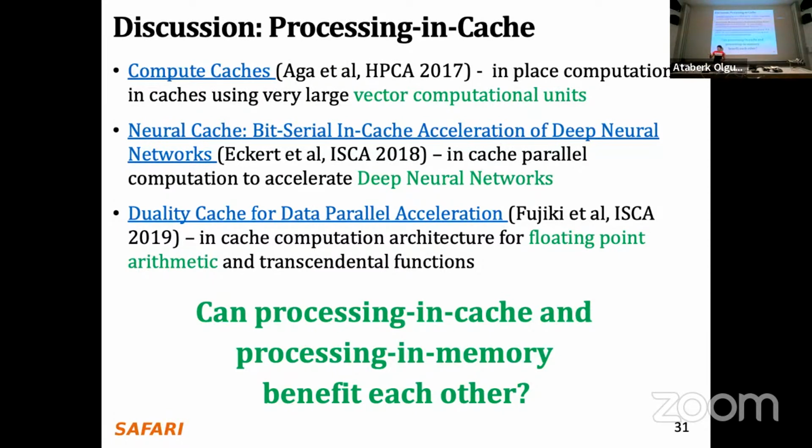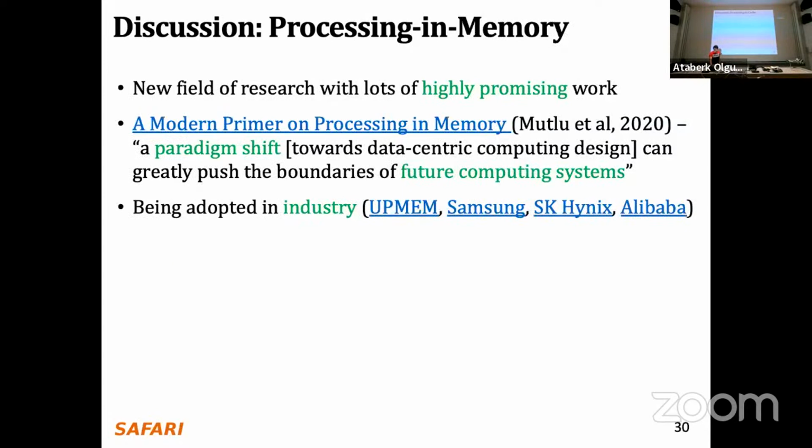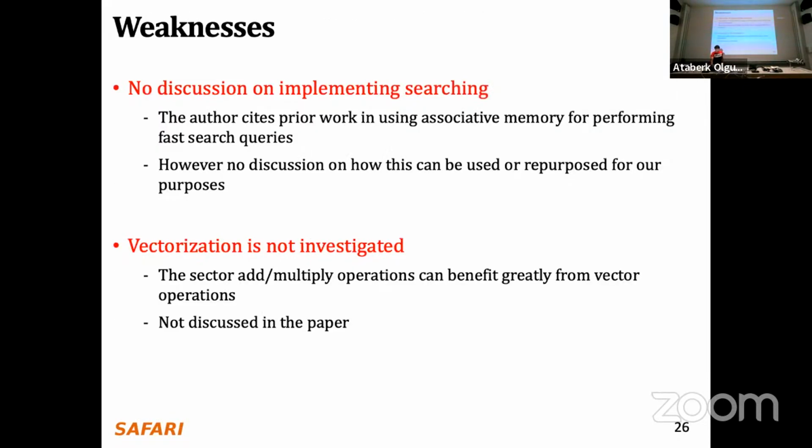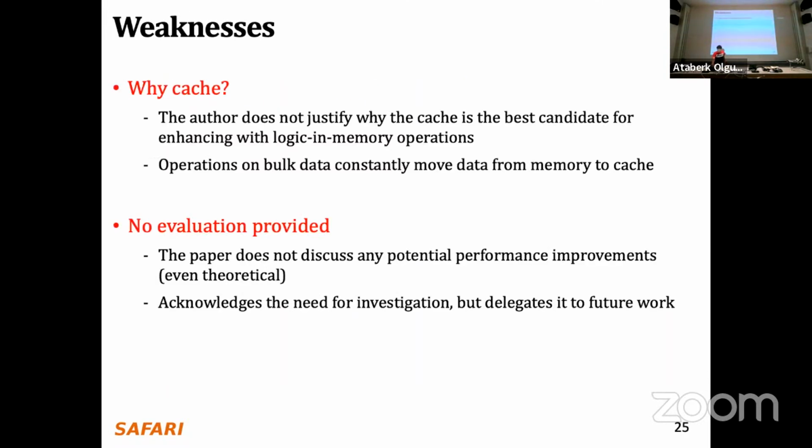Again, going back to our weaknesses, there's no evaluation, so we don't really know whether this works. Is it really worth increasing the complexity of cache? And is this increased complexity really going to provide any benefit to any real workloads or applications?